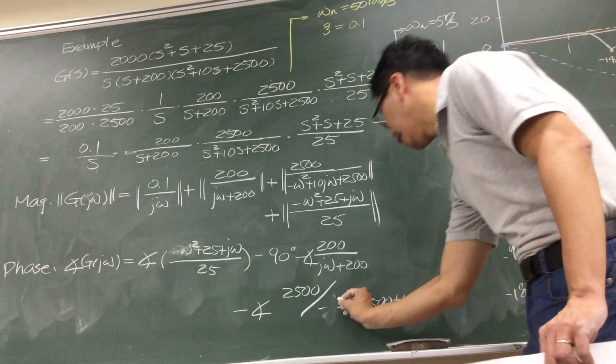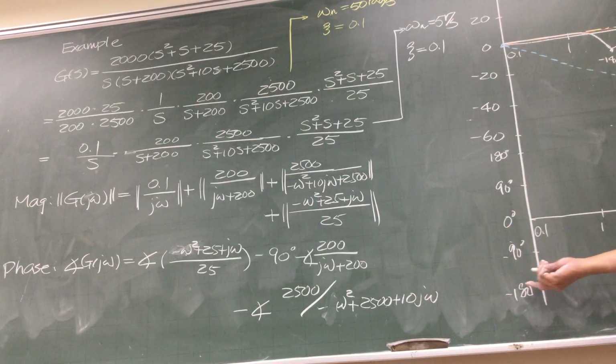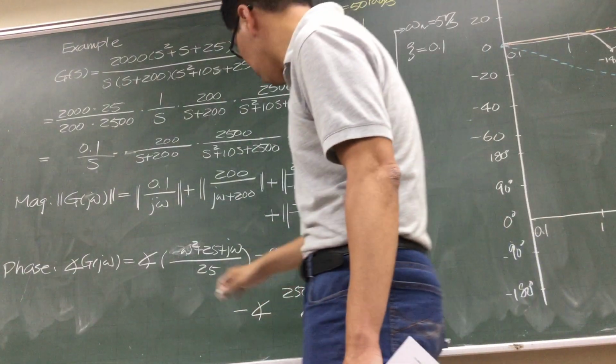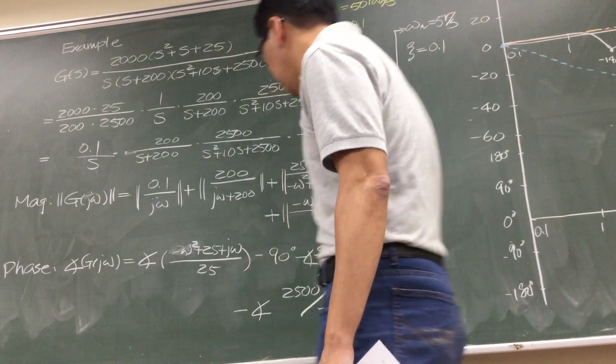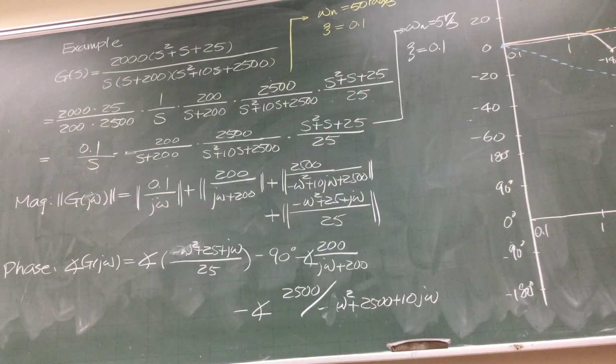Of course I'm not asking you to plot everything point by point. We have the tools we developed previously in this class, so we're going to use those skills. Let's start from the first part. The damping ratio equals 0.1, and I know my natural resonance frequency is going to be 5.